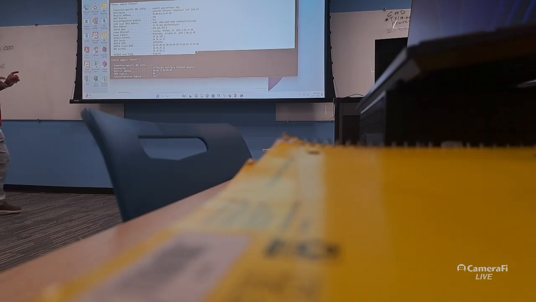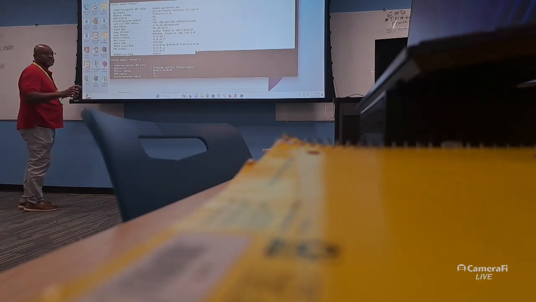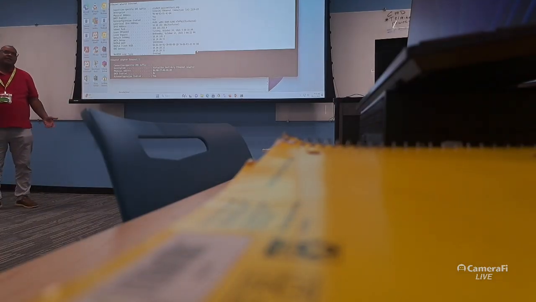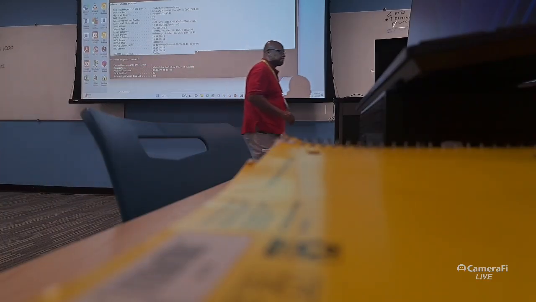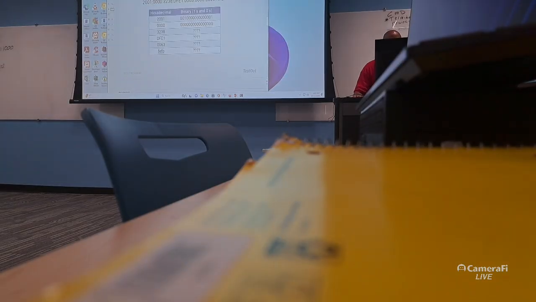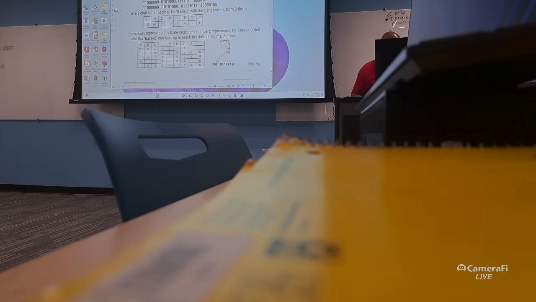Okay, I'm going to let you see this because we're going to go back to the other one, which is the dotted decimal. Remember our dotted decimal? 0, 1, 2, 3, 4, 5, and so on up to 20. That's the hexadecimal. Dotted decimal addresses look like this.